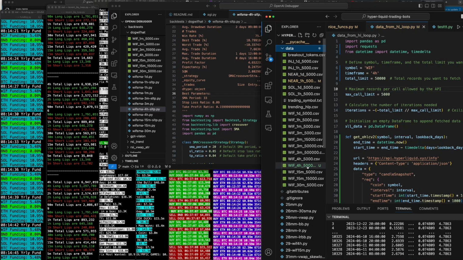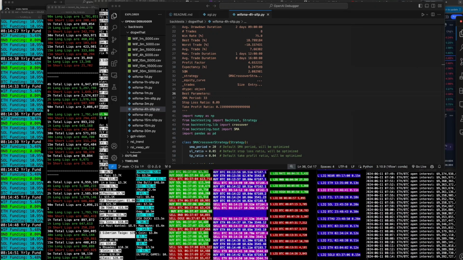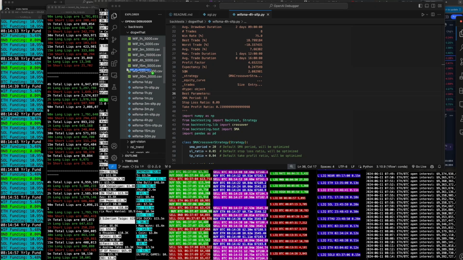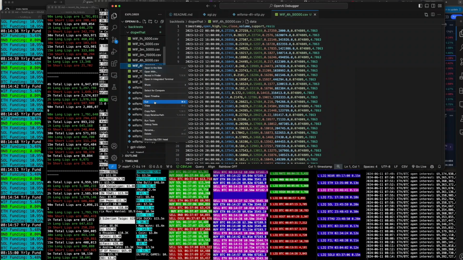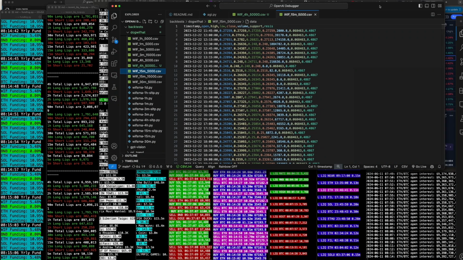I put all of this data source in the bootcamp too, so in the Discord you have access to it. If you're following along, don't trip. Okay, here's the new data with 4-hour. Let's copy path. Make sure the data has the same columns.